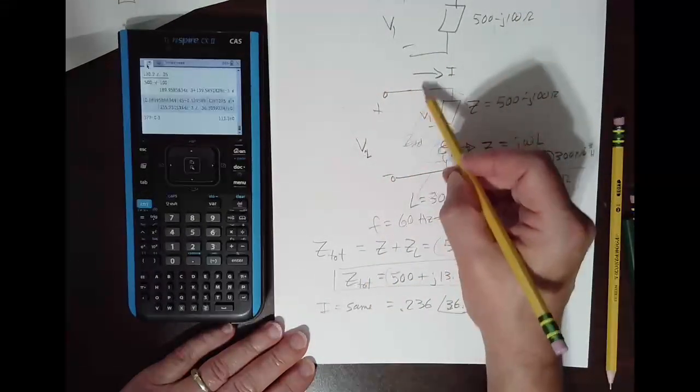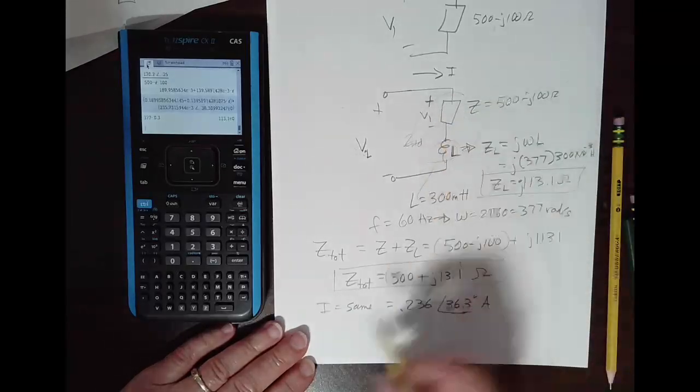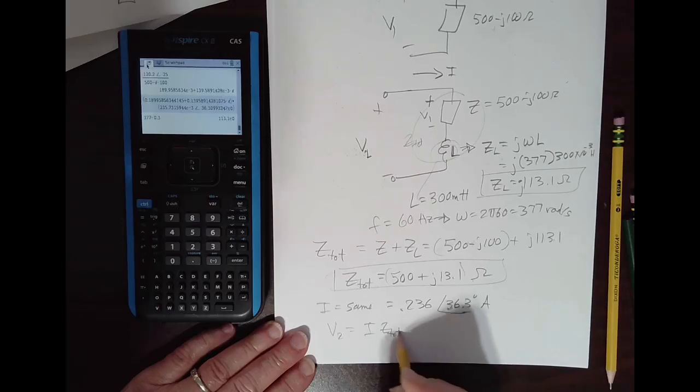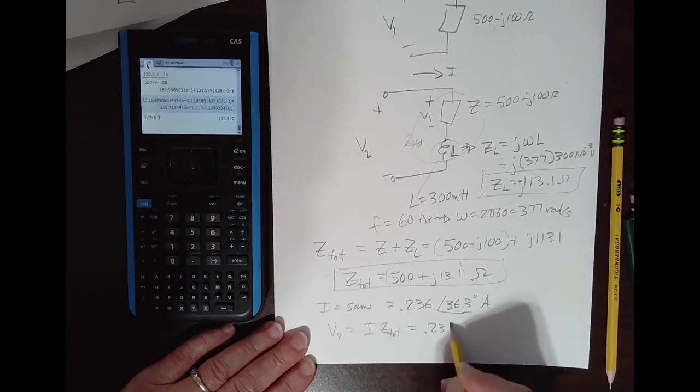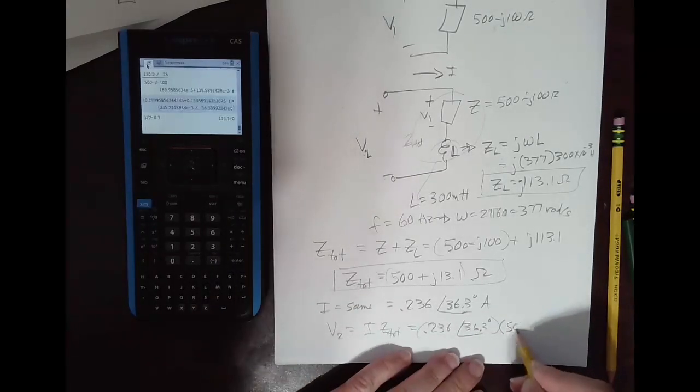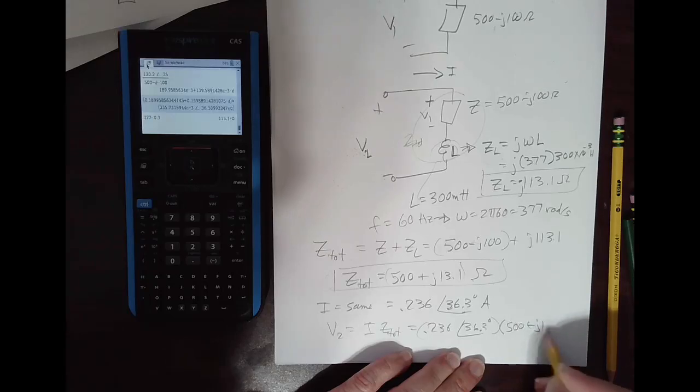Voltage is just going to be the current times that total impedance. So V2 is going to be I times Z total: 0.236 angle 36.3 times Z total, which is 500 plus j13.1 ohms.